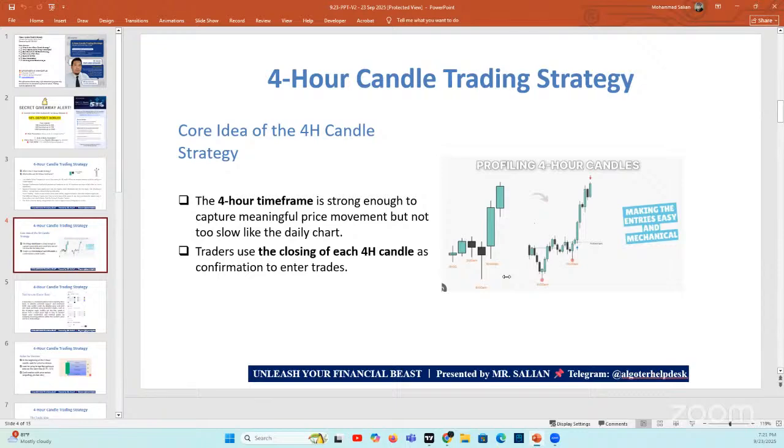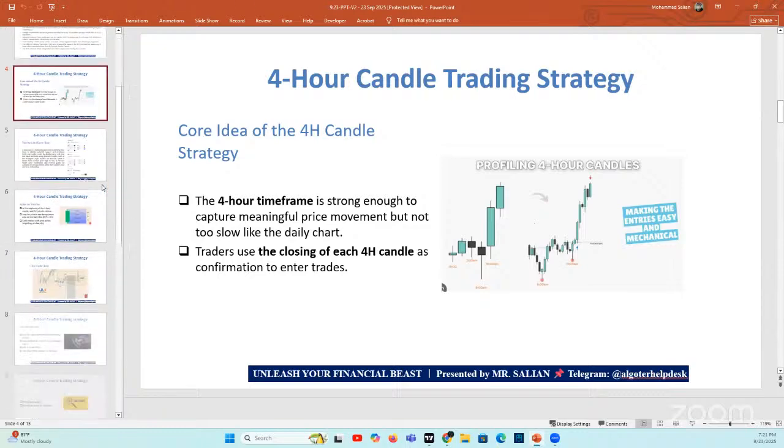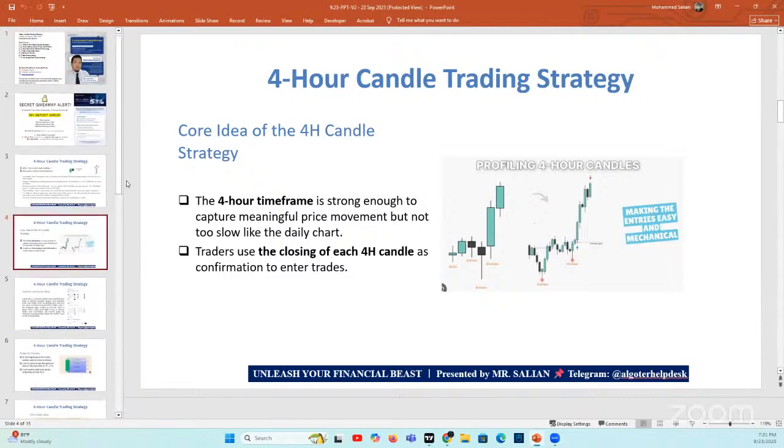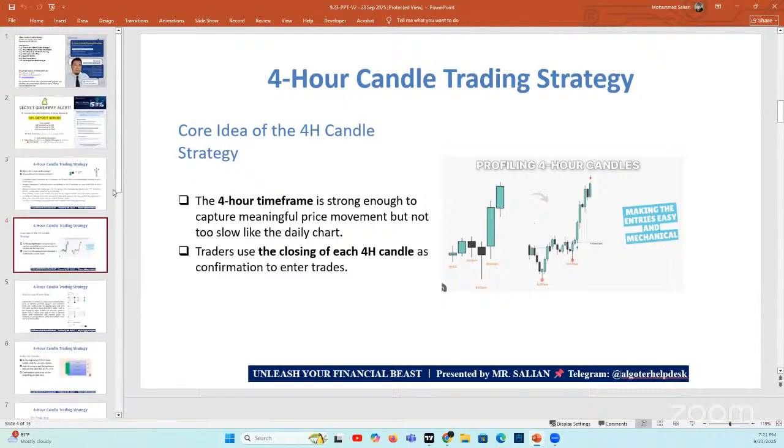Just today, this morning, when I finished my breakfast, I thought, time to trade. Maybe I will see something in the market. I usually don't trade the Asian session. And I found the opportunity using this 4-hour candle strategy, because this is now in my mind. I made the PowerPoint and all the slides here last night.